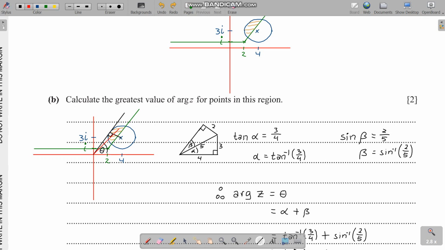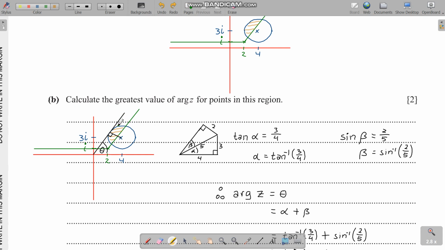Since we are looking for the greatest arg z, this means we need this line to have the biggest angle theta. So that happens when the line touches the circle. Touching the circle means this tangent line should be perpendicular to the radius.